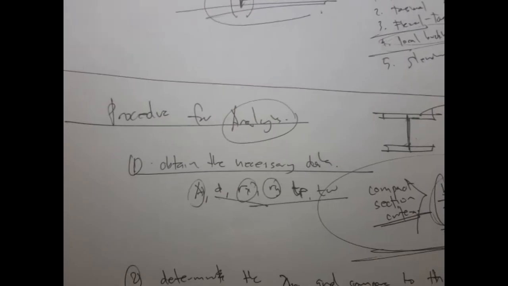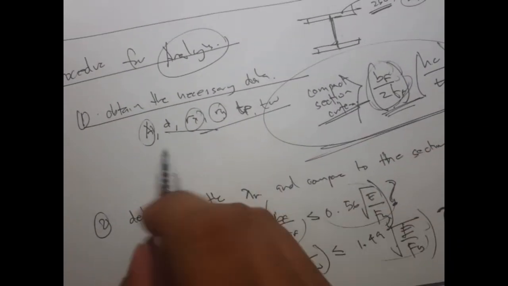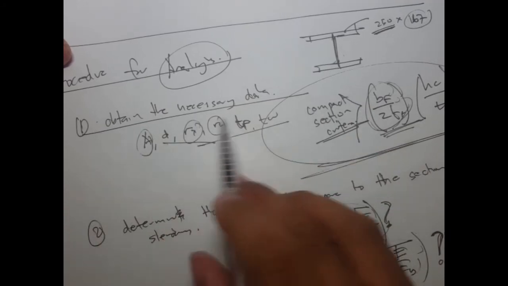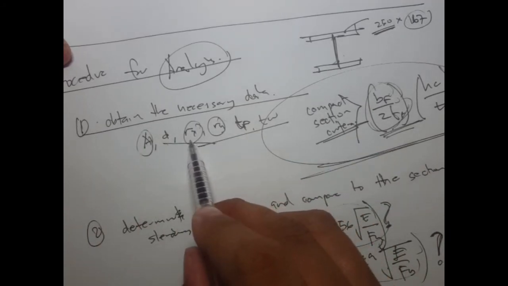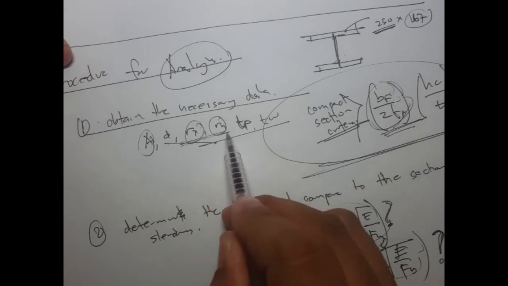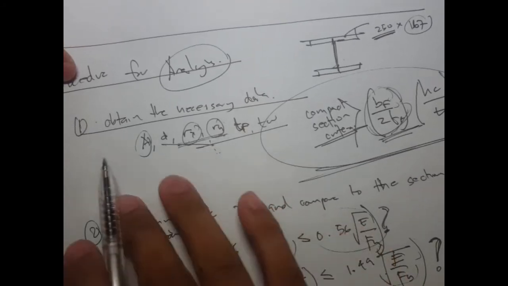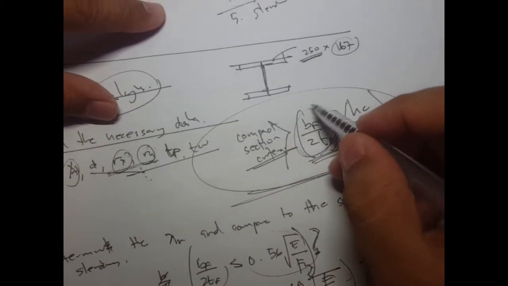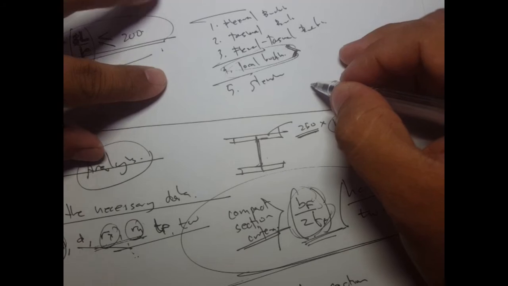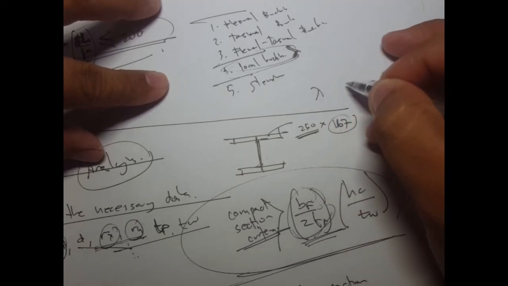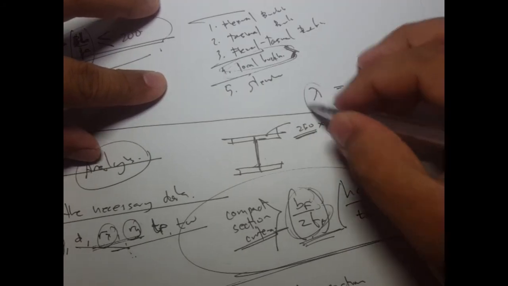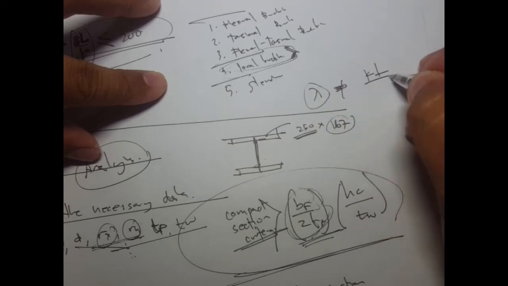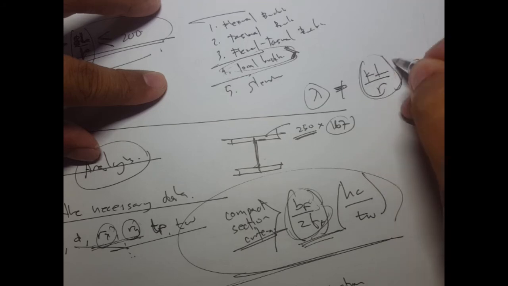Okay, so just a brief review of this procedure for analysis. We first have to find the necessary data. For example, the area, the radius of gyration along x and along y. We need these values to solve for the slenderness ratio. And there's also a value already for the compact section, for the slenderness. Take note, this slenderness is different from KL over r, which is the slenderness ratio.